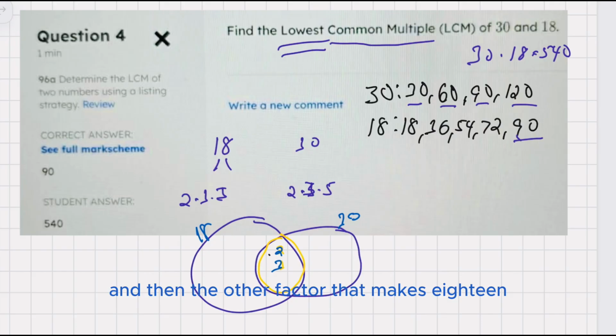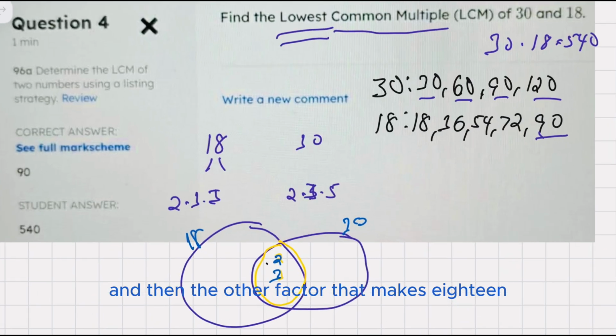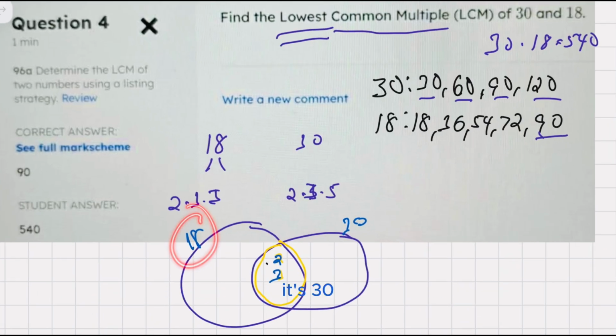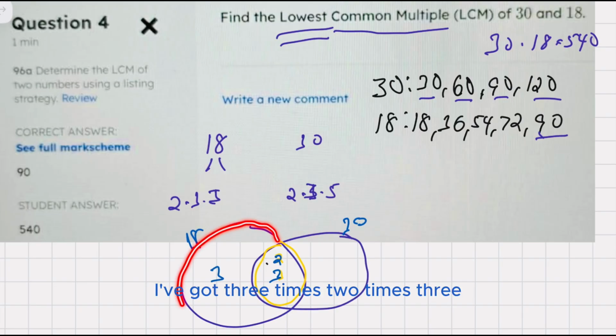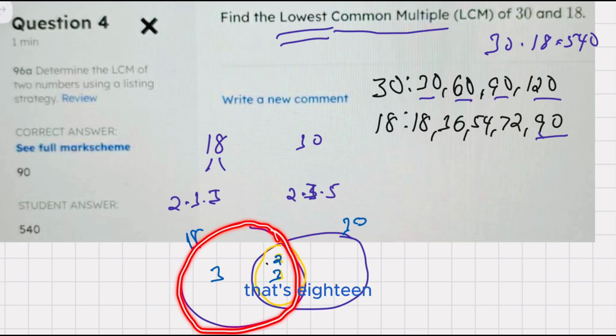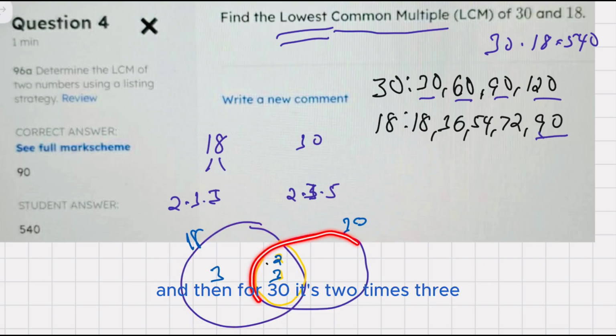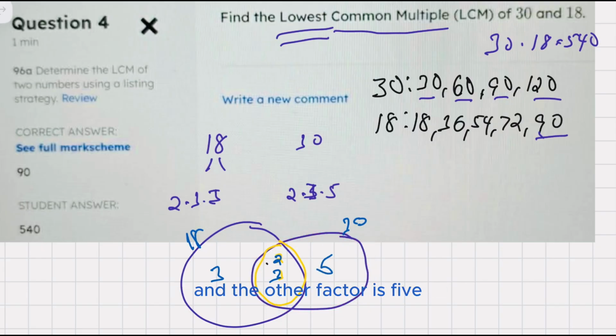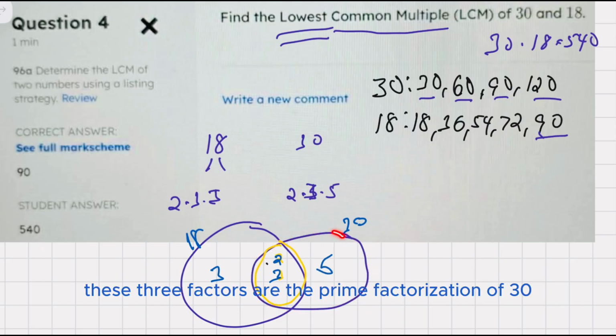And then the other factor that makes 18 is 3. So altogether in here I've got 3 times 2 times 3, that's 18. And then for 30, it's 2 times 3, and the other factor is 5. So these 3 factors are the prime factorization of 30.